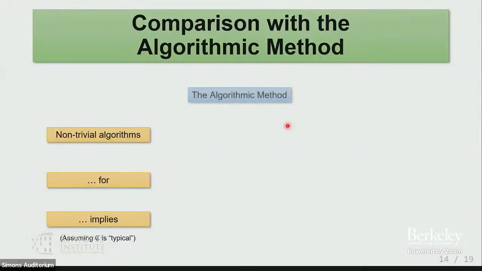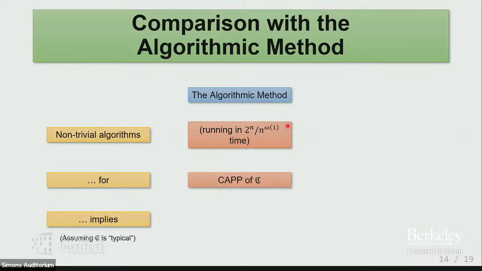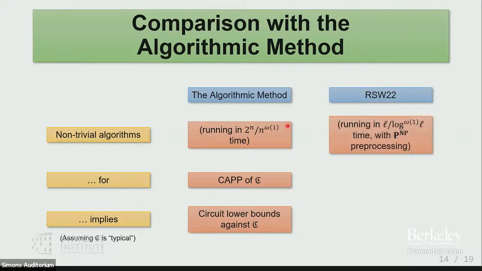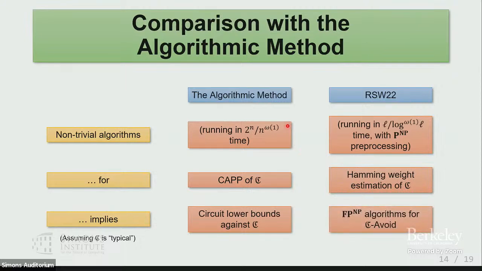I made a slide to compare these two results. The algorithmic method says that non-trivial algorithms running in this much time for CAPP imply circuit bounds, and our result says non-trivial data structures running in this much query time with some P^NP preprocessing for Hamming weight estimation of C imply an FP^NP algorithm for range avoidance.